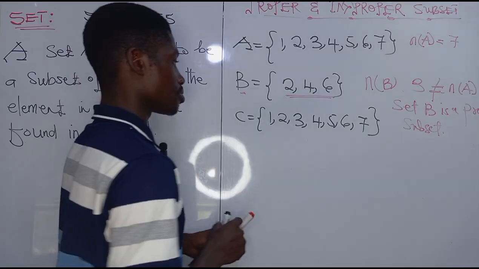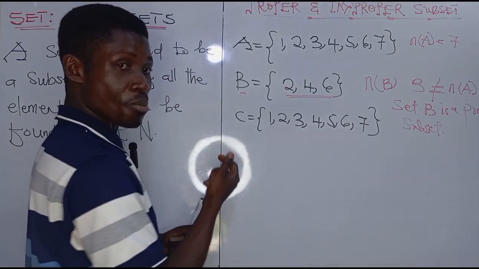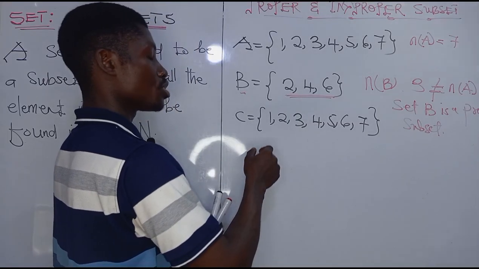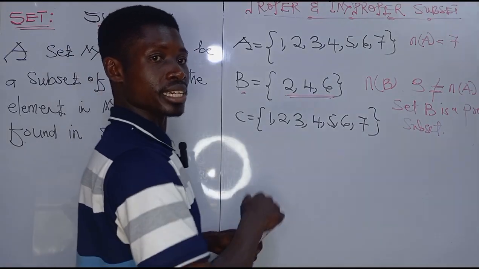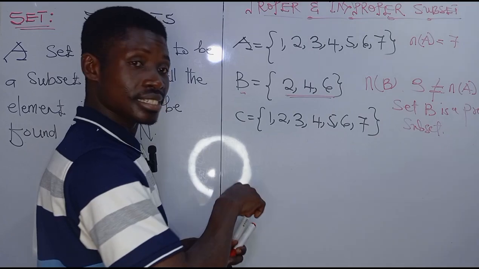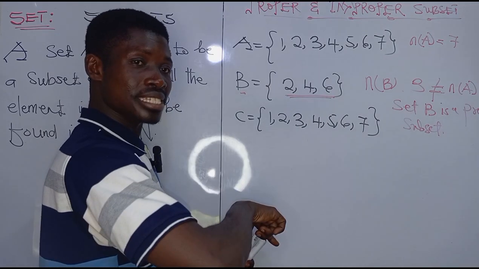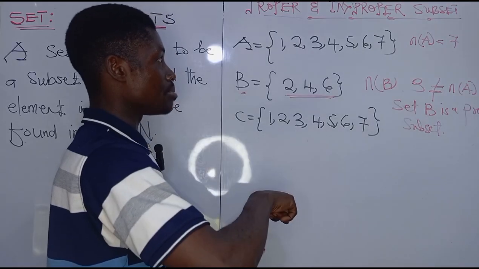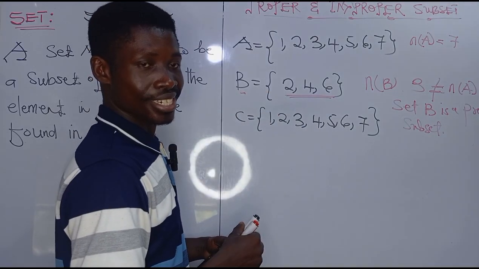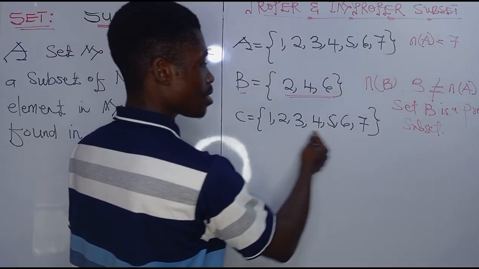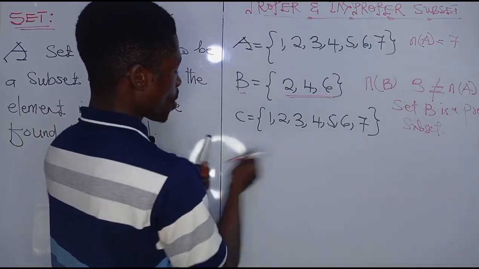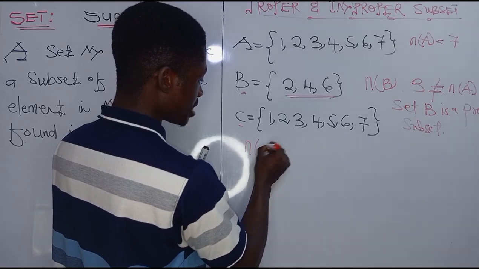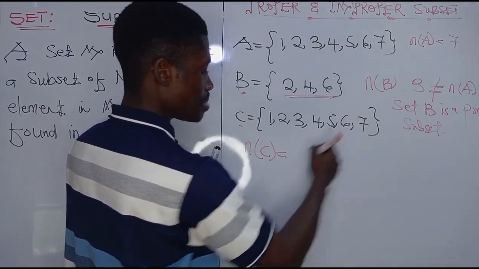Now let's move on to improper subset. When we talk about improper subset, we are saying that the number of elements in the subset must be equal to the number of elements in the superset. So we are going to check the number of elements in the subset. With C, we are going to check the number of elements in C. How many elements do we have here?